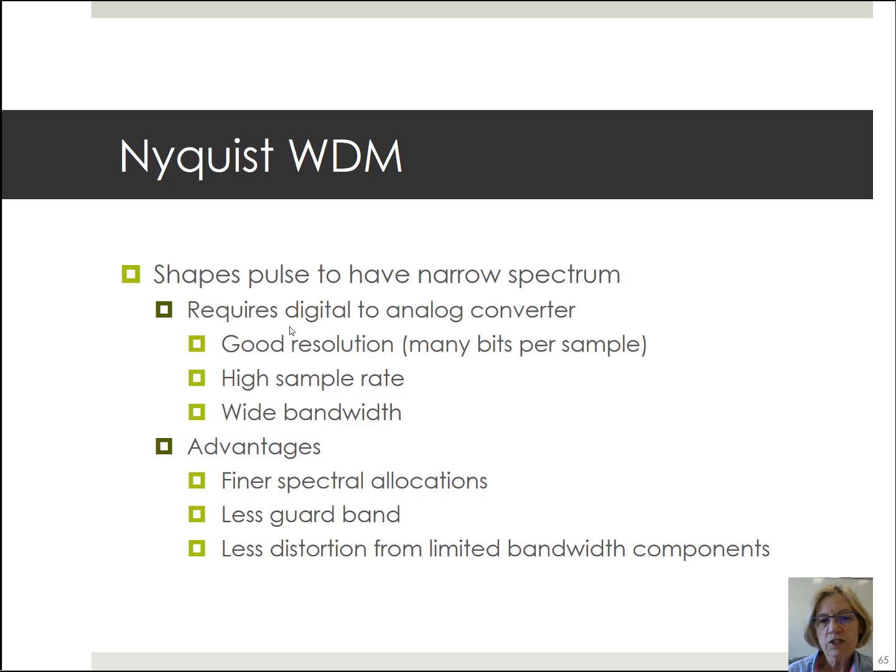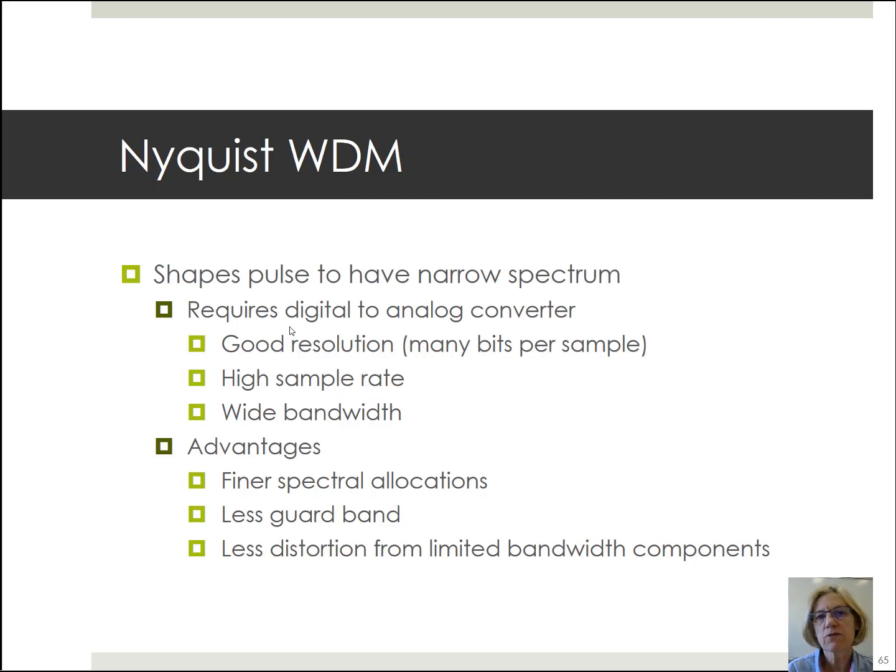The fact that we're shaping our pulses in order to achieve the goal at the network level, at the network level we're trying to pack more channels together, so that is a nice advantage, but we're also helping some of the components used in the system, because often the RF chain has components which are limited in bandwidth.